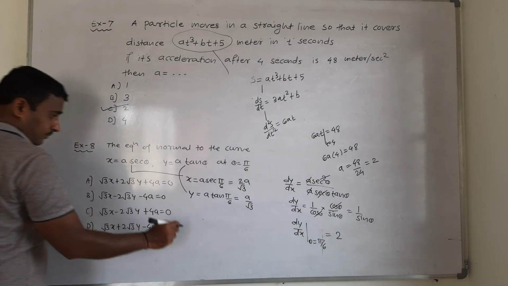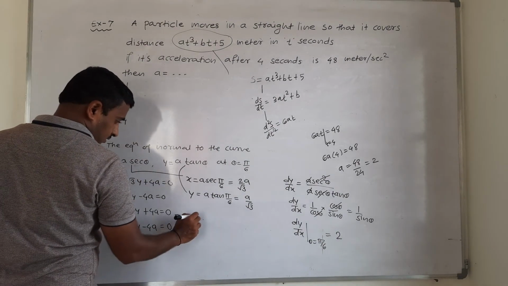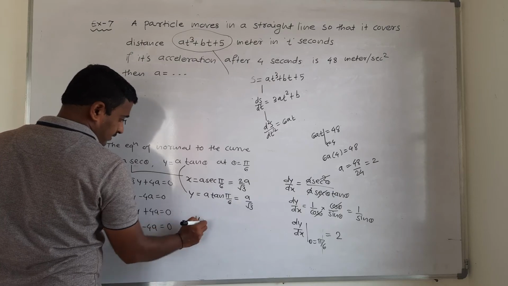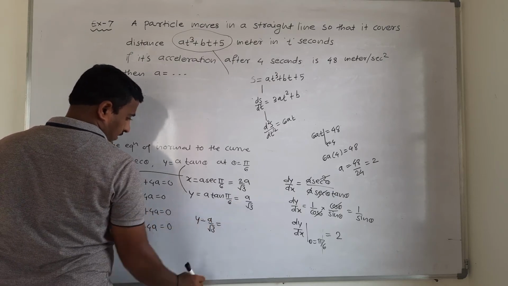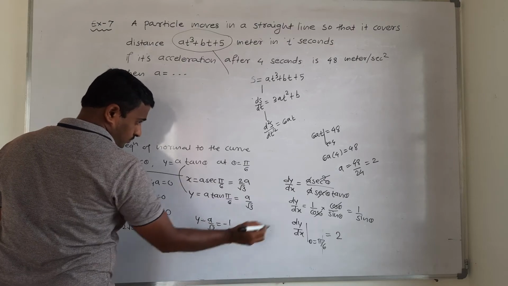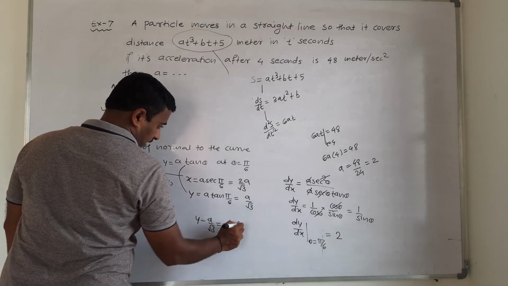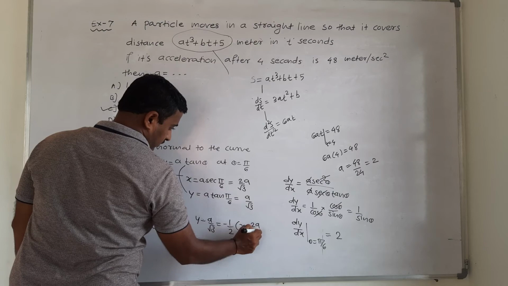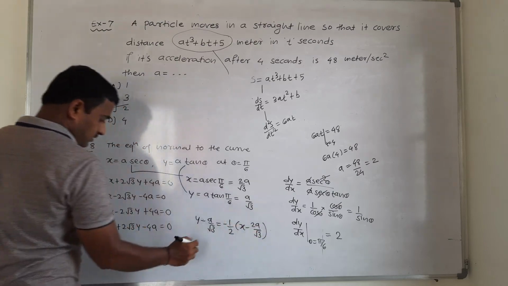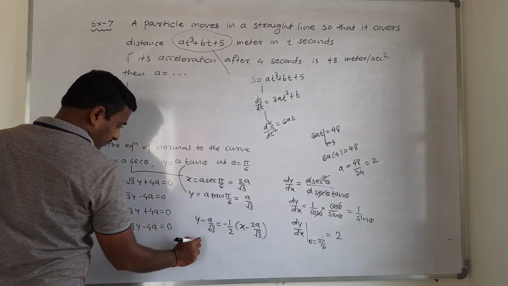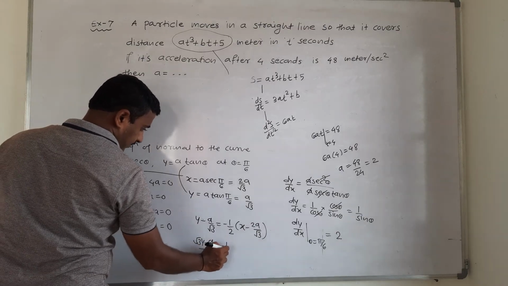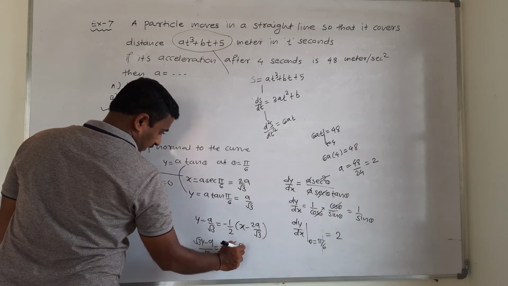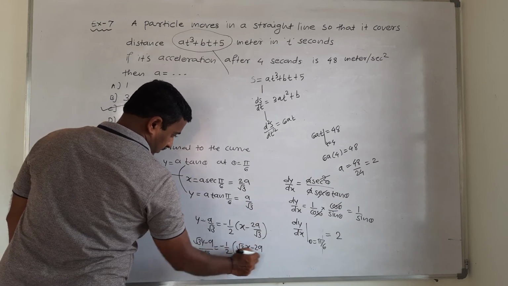Now the equation of normal, we know that y minus y1, this is a by root 3, is equal to minus 1 by slope, slope is 2, so x minus x1, 2a by root 3. Now just simplification of this: cross root 3, y minus a upon root 3 is equal to minus 1 by 2, root 3 x minus 2a by root 3.